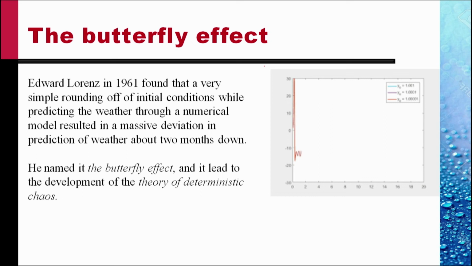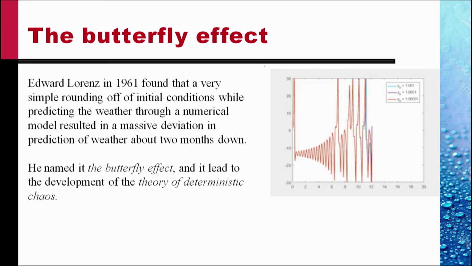Edward Lorenz in 1961 found that a very simple rounding off of initial conditions while predicting the weather through a numerical model resulted in a massive deviation in prediction of weather about 2 months down the line. Here we show in this picture the prediction of an event in which the initial conditions change only slightly, the three different colors that you see.